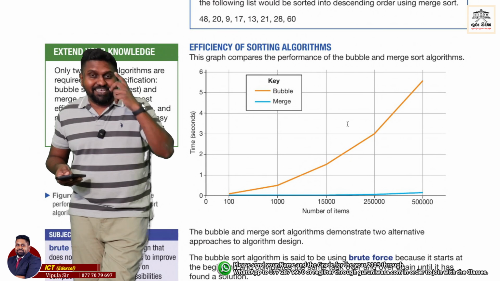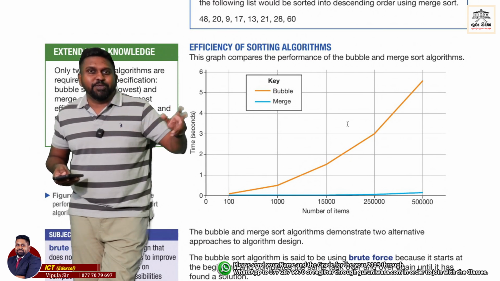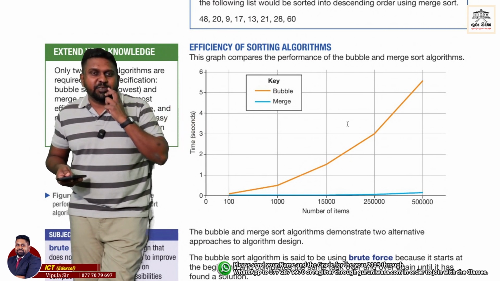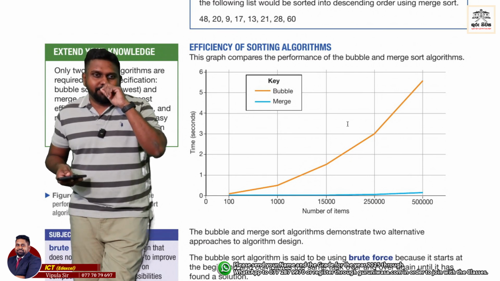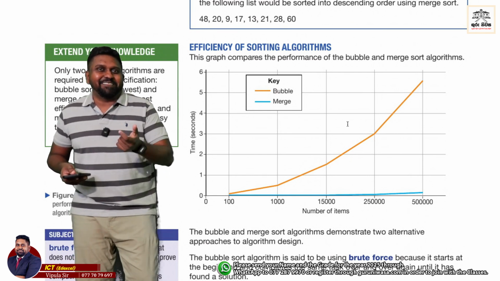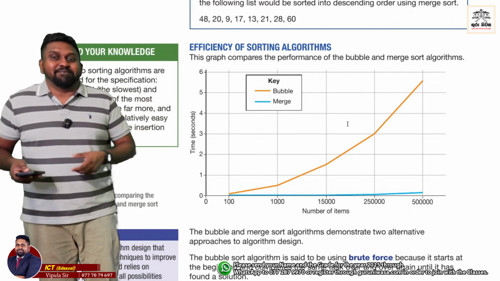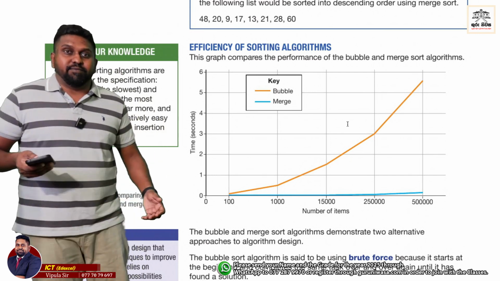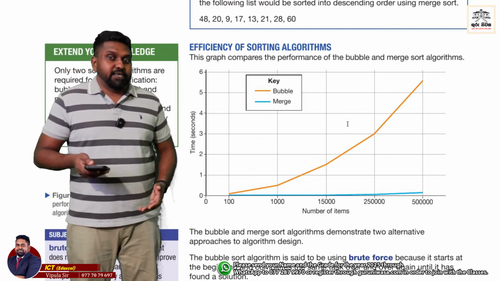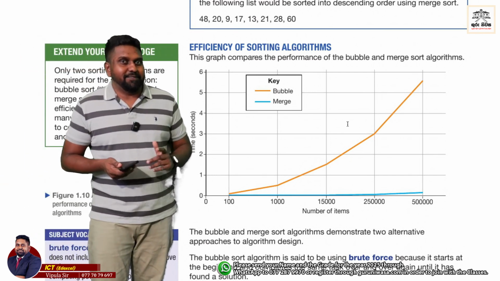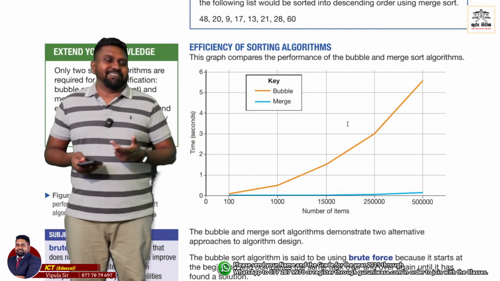So likewise, it goes through a massive number of combinations and validations just to validate that simple part, right? So when you have a huge list of items, it's going to take a long time. But merge sort is different.